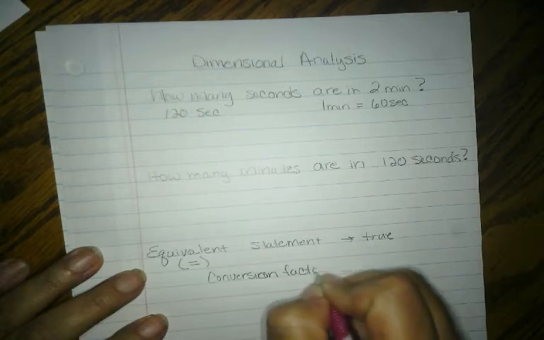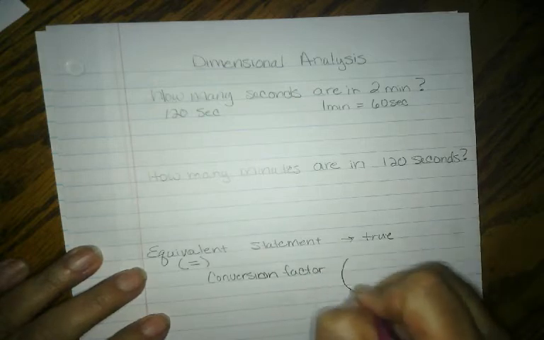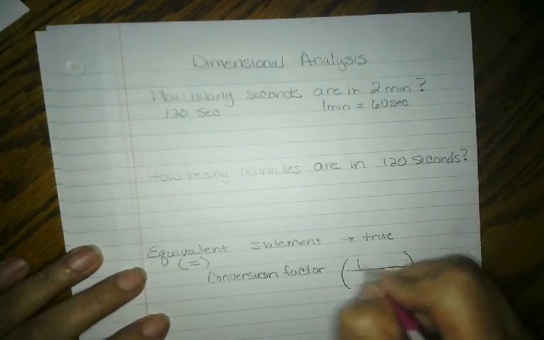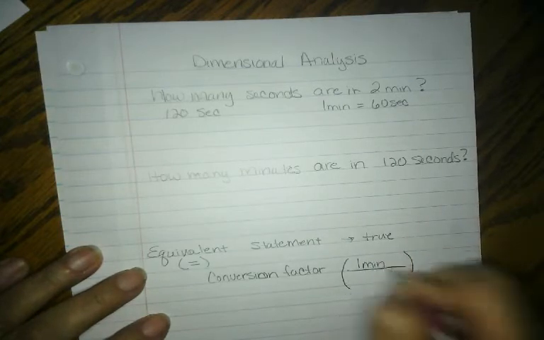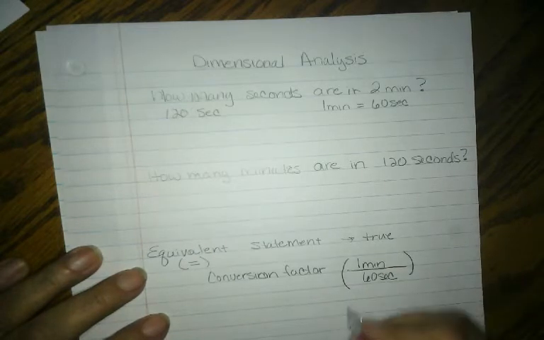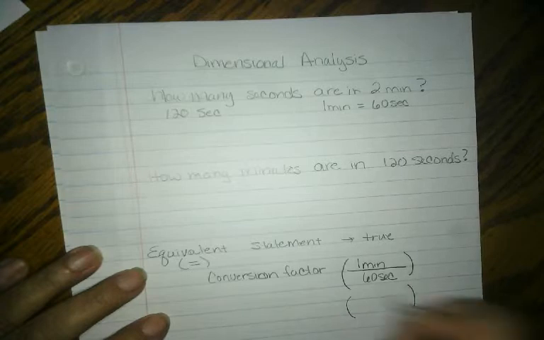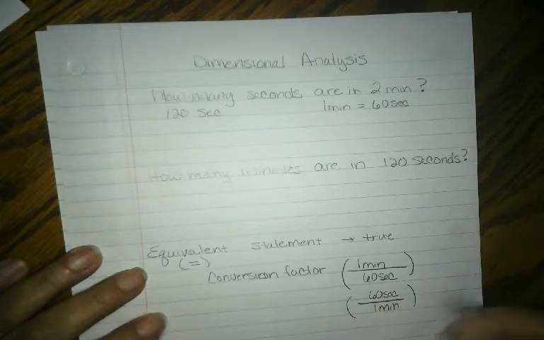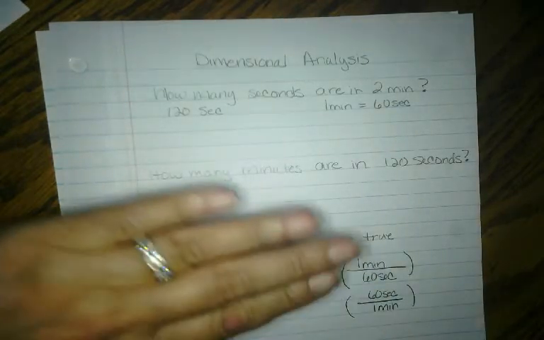And that is what we use to multiply and convert units. So I can say that in 1 minute there are 60 seconds. I can also say another true statement is that in 60 seconds is 1 minute. Okay? So you can see these convert.